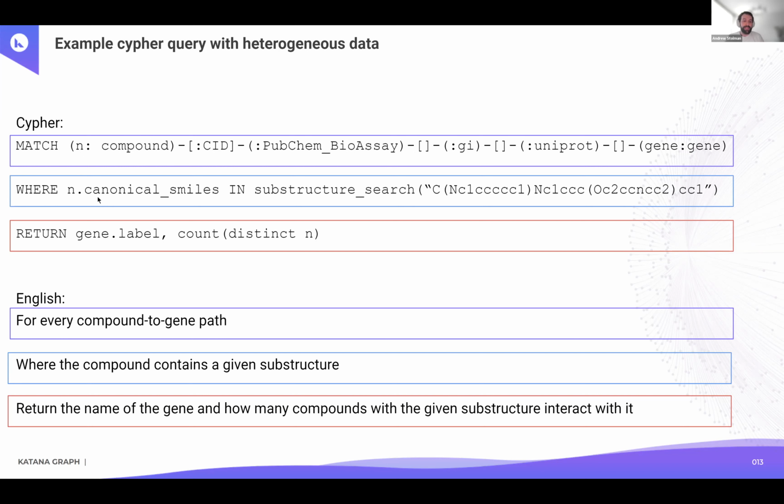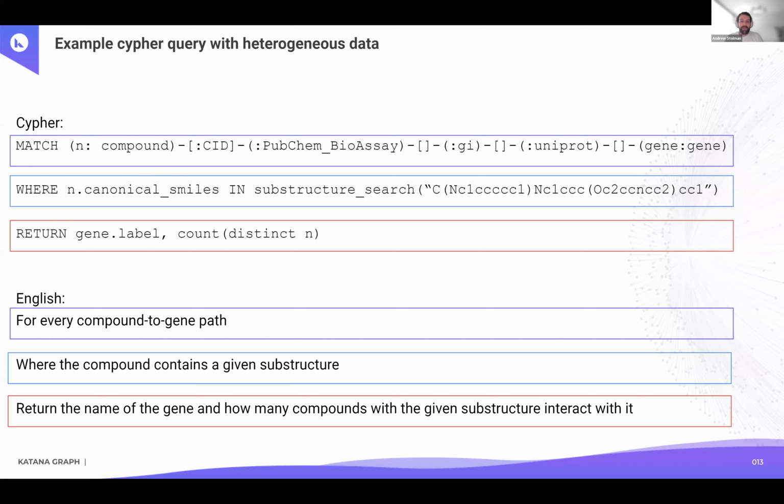And we're going to limit the compounds we look at to those that appear in this substructure search result. So here I've given it this SMILES string, and so it's only going to match these nodes for n which contain this given compound as a substructure.